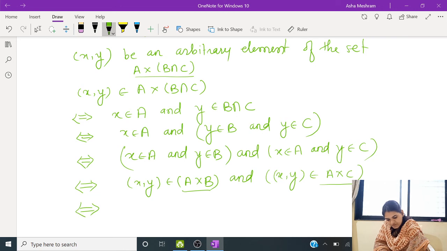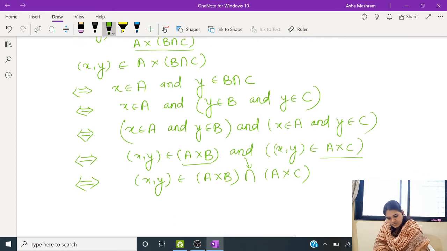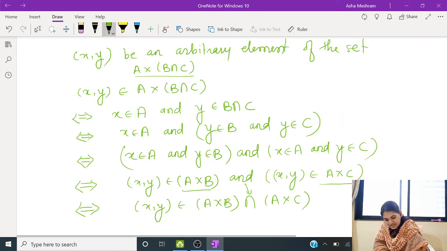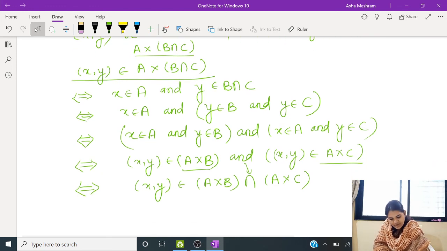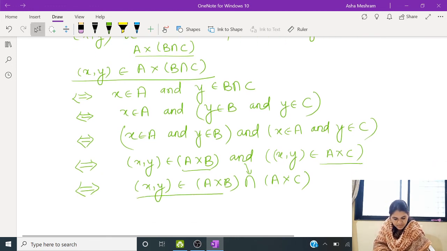So by definition of intersection, the ordered pair (x, y) belongs to A cross B, and the word and is replaced by the intersection sign, A cross C. From where we had started, (x, y) belongs to A cross (B intersection C), and now we have shown that the same element belongs to (A cross B) intersection (A cross C).